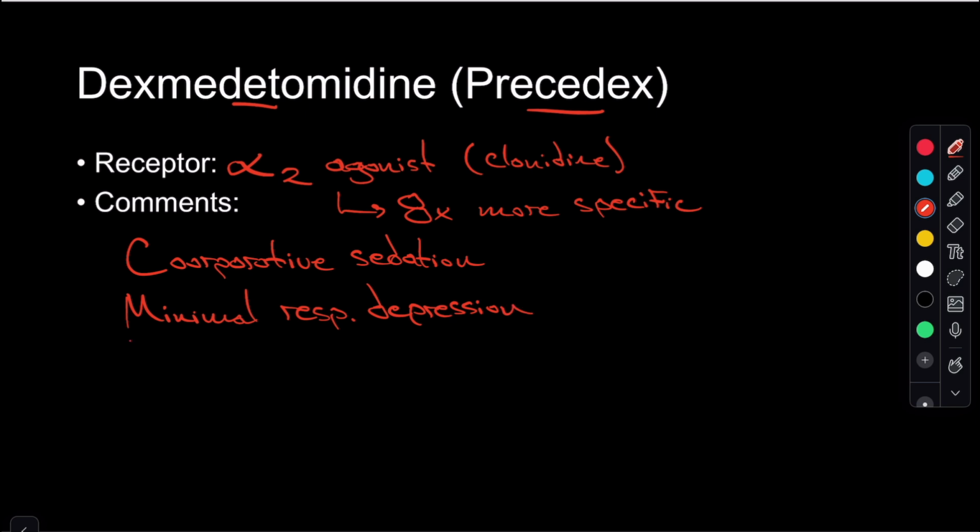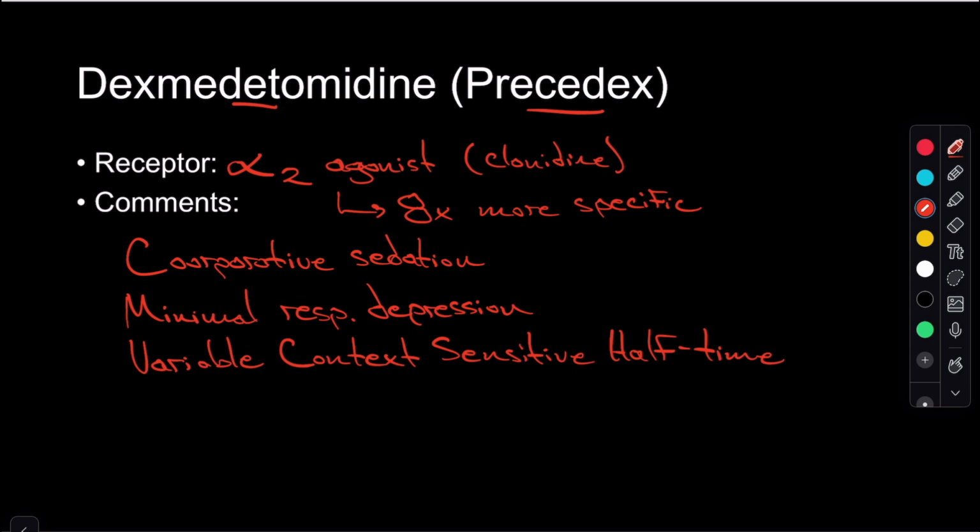Unfortunately, it has a very variable context-sensitive half-time. So the longer that you run it as an infusion, the longer the half-time of the medication. And then it can also be used as an adjuvant for local anesthetics.